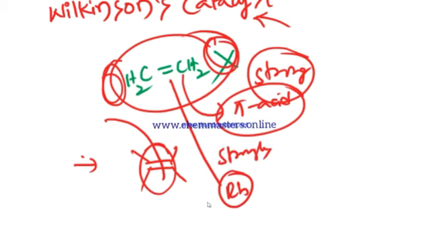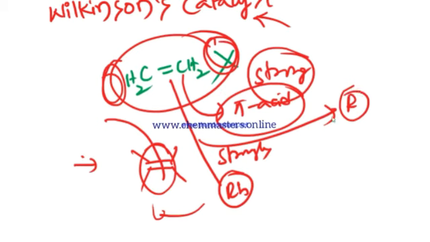So the migration of hydrogen onto the olefin and the cleavage of the product is not possible. That's why the hydrogenation of a simple olefin is not observed with Wilkinson's catalyst.